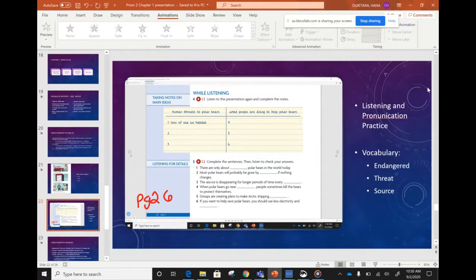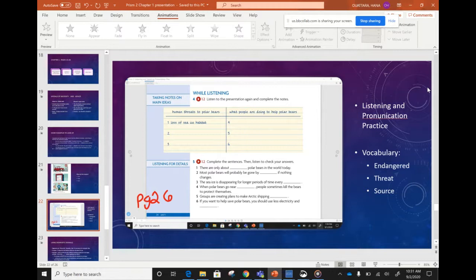The disappearing ice has several negative effects. For example, it makes it difficult for polar bears to search for seals, their main source of food. Polar bears need to stand on ice to hunt for seals, so when there isn't enough ice, they become hungry and can even die from lack of food.